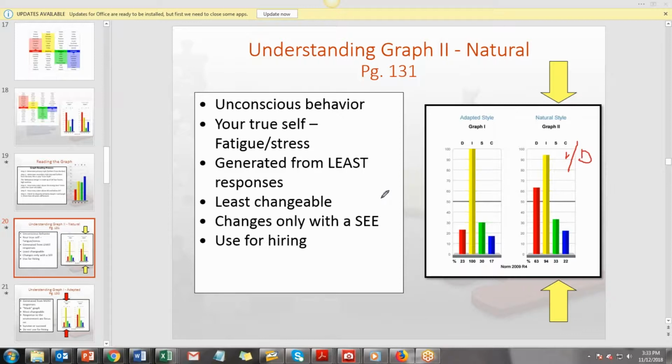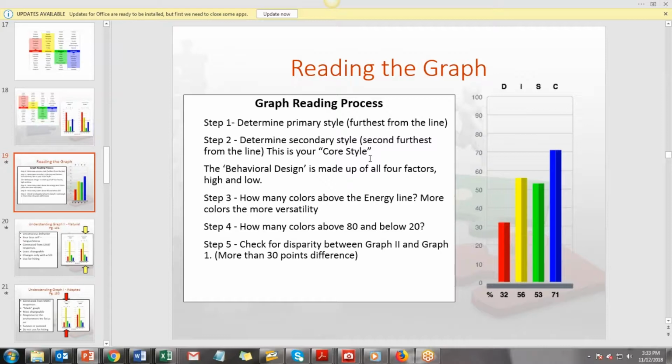All right, so the core style, this person is I over D. So let's go back for a quick review on how we read the graph. We get down to step 3, and we look at how many colors are above the energy line. Step 3 is this person has 3 colors above. And then step 4 is how many colors are above 80, how many colors are below 20.